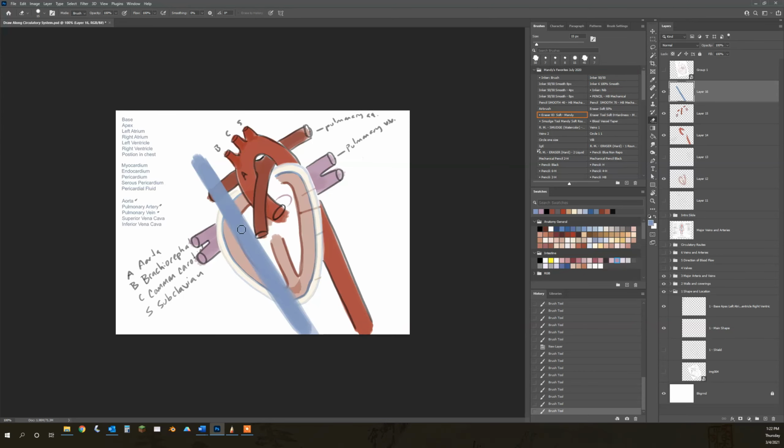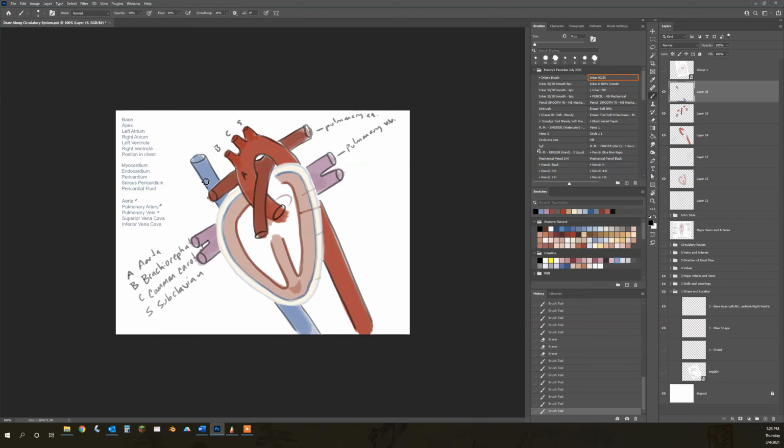So if I go back and erase what I don't need. Going to go behind all this. And the vena cava is a vein, a large vein.